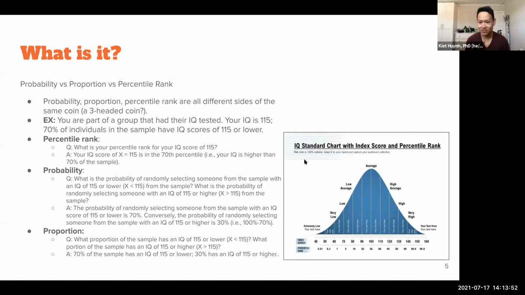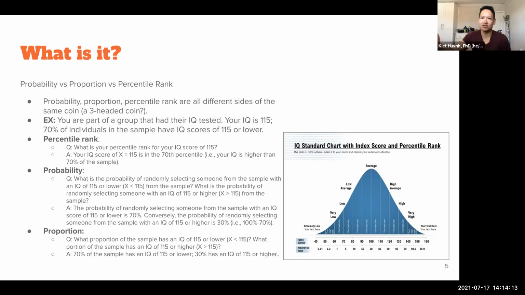What about percentile ranks? We talked a lot about percentile ranks in the previous lecture. Remember, percentile rank is basically where you are in comparison to everyone else in the sample. So if you have an IQ score of 115, you could ask what your percentile rank is compared to other people.